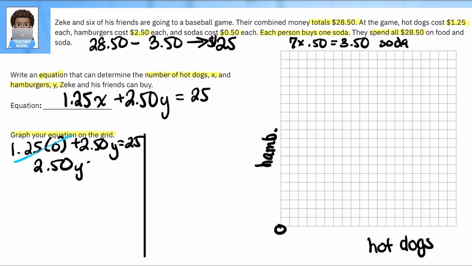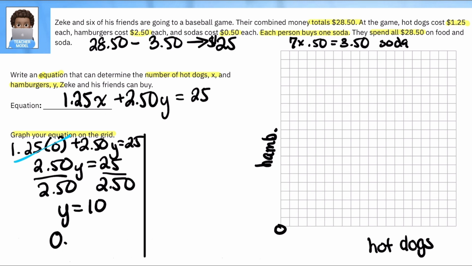So 2.50y is equal to 25, so I'm going to divide by 2.50, and I get y is equal to 10. So my first point is (0, 10). Okay, 1, 2, 3, 4, 5, 6, 7, 8, 9, 10. Graph the first one, and then I'm going to do the same thing for my y-intercept.